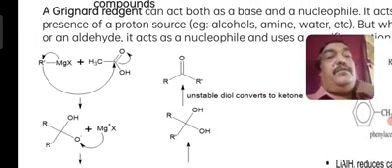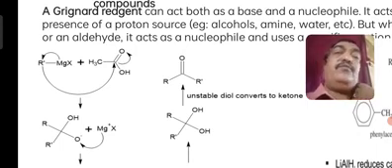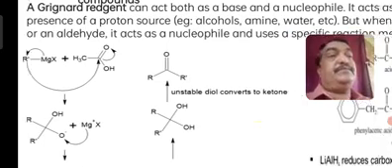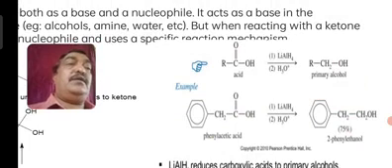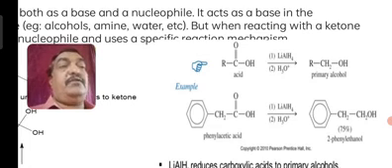This is one of the important applications: conversion of carboxylic acid into ketone using Grignard reagent. Similarly, other substances like lithium aluminum hydride are also used. An acid, when treated with lithium aluminum hydride, forms a primary alcohol.